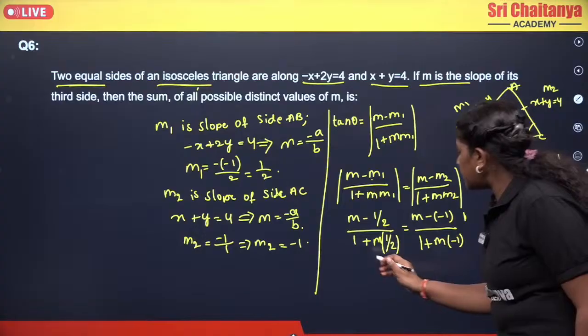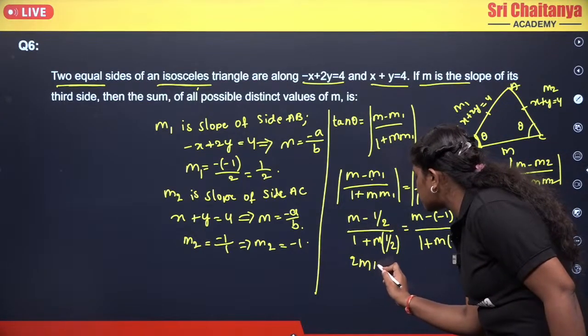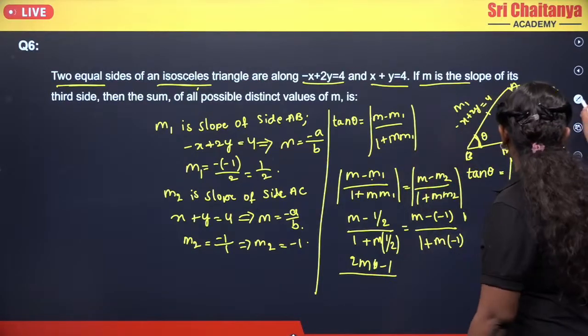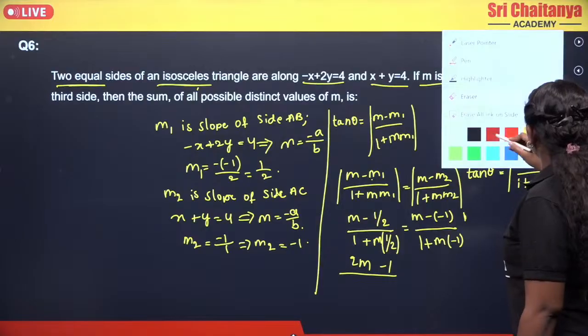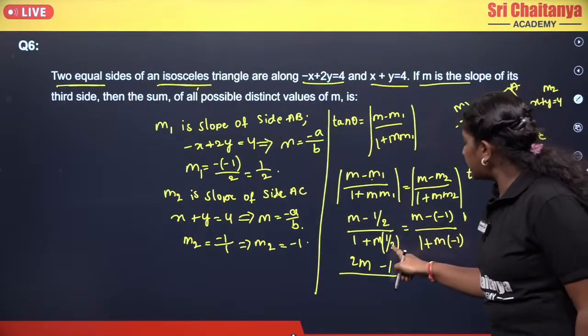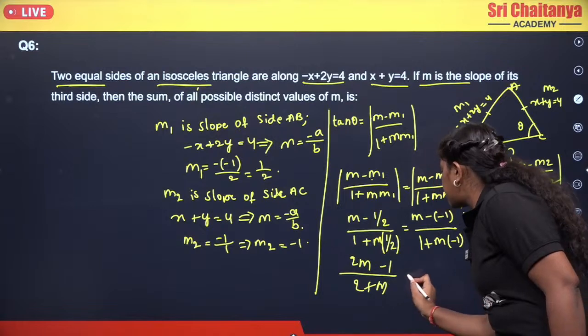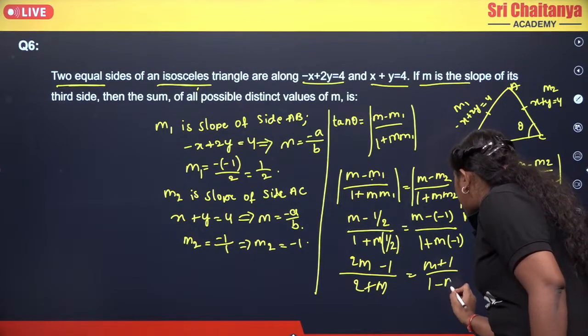Now minus into minus will be plus. So simplify this. You will get 2m minus 1 by 2 plus m equals m plus 1 by 1 minus m.